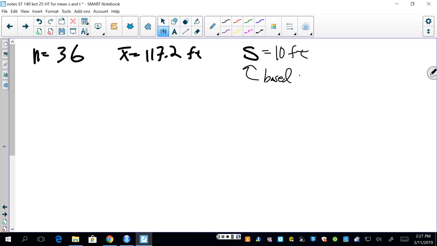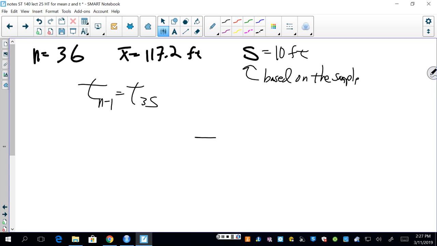This is a number based on the sample. So you've changed the technology, or in the other imagined scenario, you've changed where the products are coming from, so it's a different manufacturer, so it's going to affect things. And so in this case, you're going to use the t distribution for everything, n minus 1, t with 35.